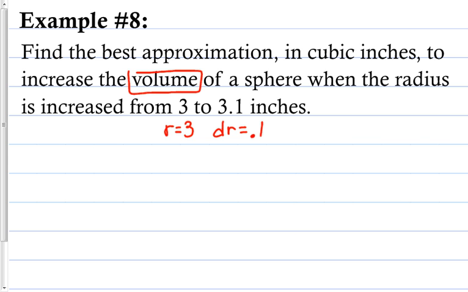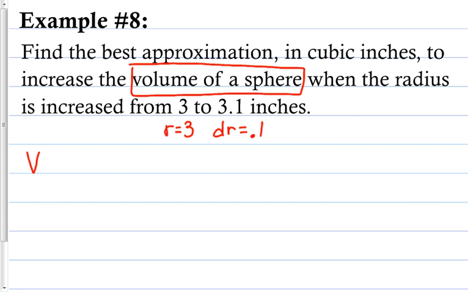I'm trying to find the best approximation to increase the volume of a sphere when the radius is increased. Okay, so volume of a sphere is 4/3 pi r cubed.